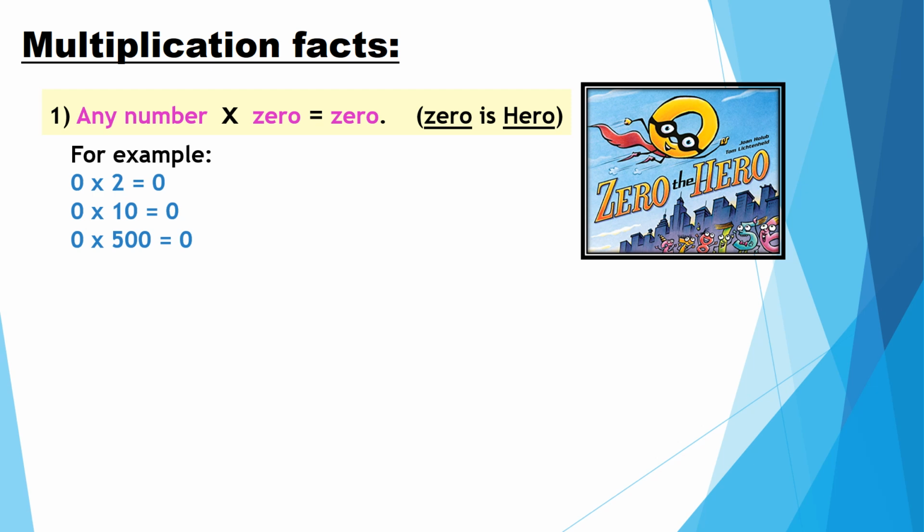For example, 0 times 2 is 0. 0 times 10 is 0. 0 times 500 is 0. 0 times 1000 is 0. 0 times a million is 0.